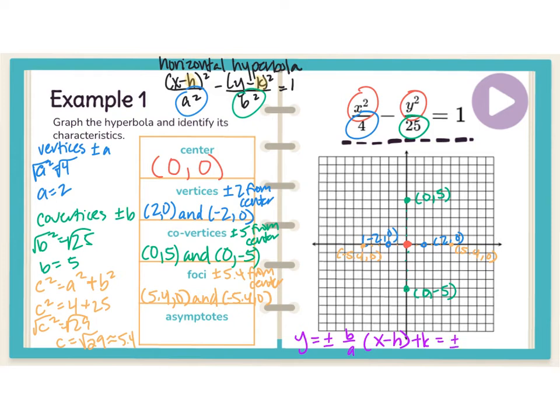So b was 5, a was 2, x minus h was just x, and then k was also 0. So that would just be y equals plus minus 5 over 2 x.